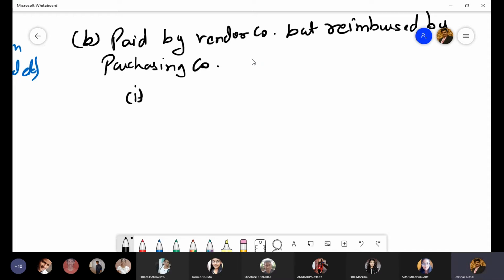Vendor company is paying on behalf of purchasing company. It is not an expense of vendor company. Here, vendor company is paying on behalf of purchasing company.